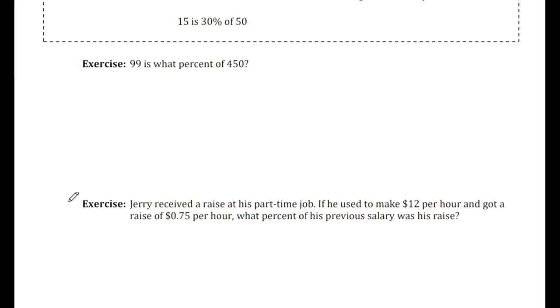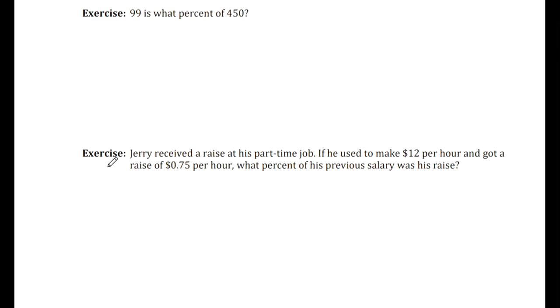Let's do a couple more exercises. 99 is what percent of 450? Our is number is 99. We go is number equals percent. We don't know the percent, so we'll use our question mark here, times the of number, which is 450.